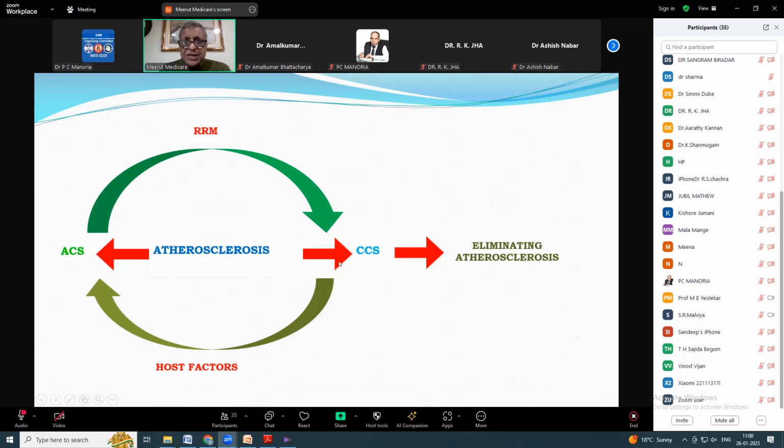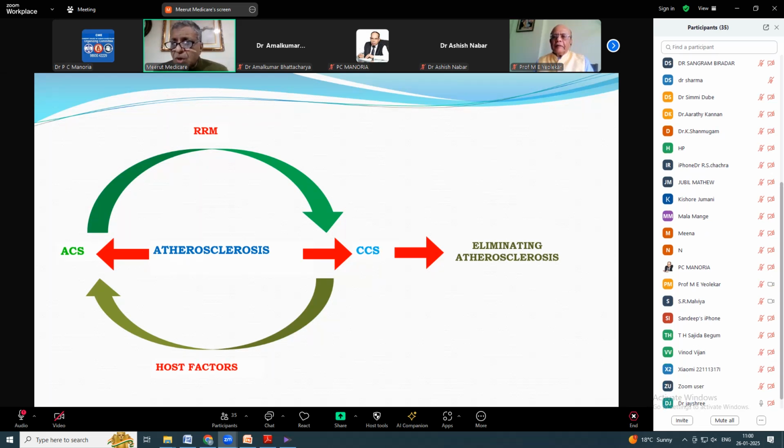Very few of us realize there is a way out from the CCS, that is elimination of atherosclerosis. So when we talk of atherosclerosis, the aim is not a reduction of MACE. The aim is regression of atherosclerosis, and that's why you need very, very aggressive lipid lowering.